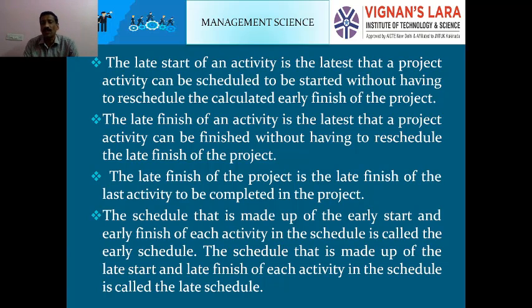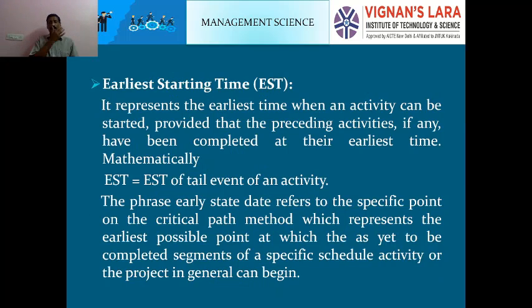The schedule made up of the latest start and late finish of each activity is called the late schedule. Early start and early finish can be called the early schedule; latest start and latest finish can be called the latest schedule.